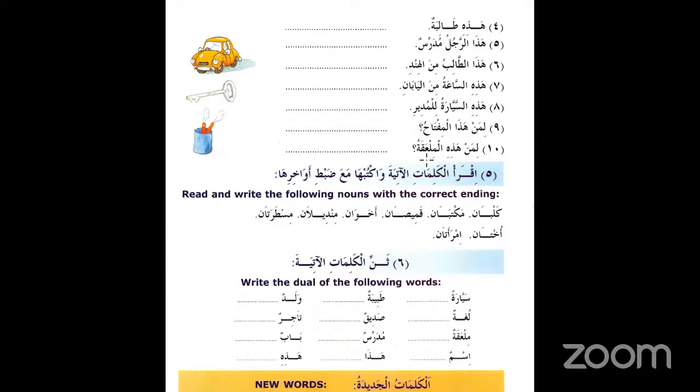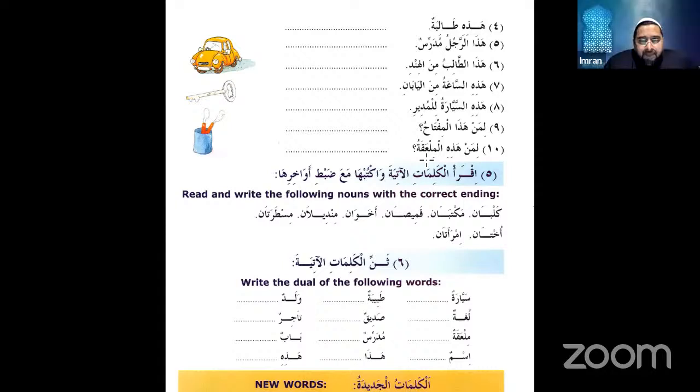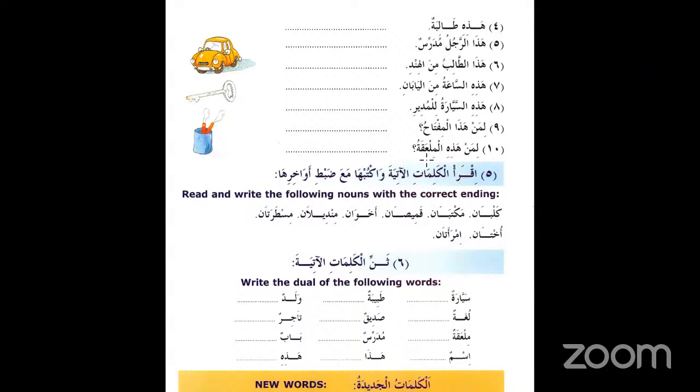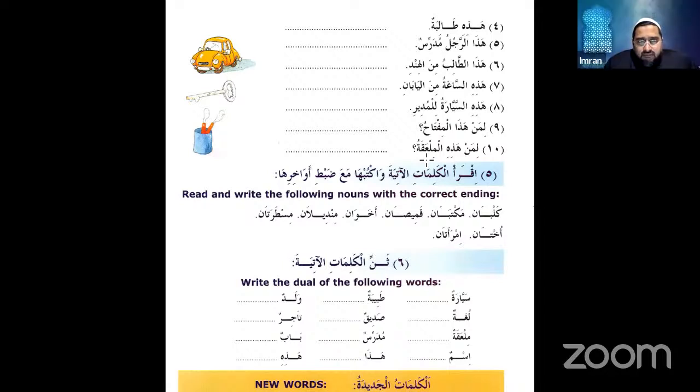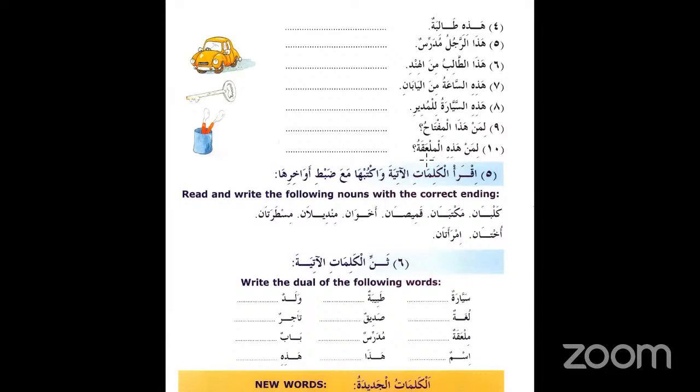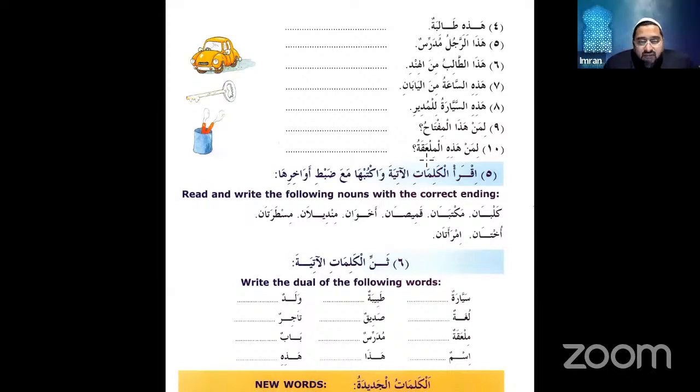Akhawani, 2 brothers. Mindilani, 2 handkerchiefs. Mistaratani, 2 rulers. Ukhtani, 2 sisters. Imratani, 2 females. Excellent.